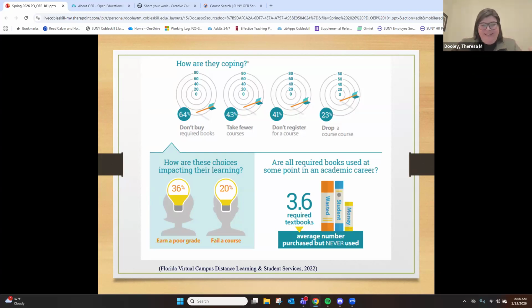That's a problem. And the model I always use is, if we were buying a car and we were going to spend $23,000 on a car, like tuition, right, in what world do they then need to spend an extra $600 to get those tires replaced before they can even actively use that car? We are all familiar with the economy and how important every dollar is. Our students are absolutely no different, right?